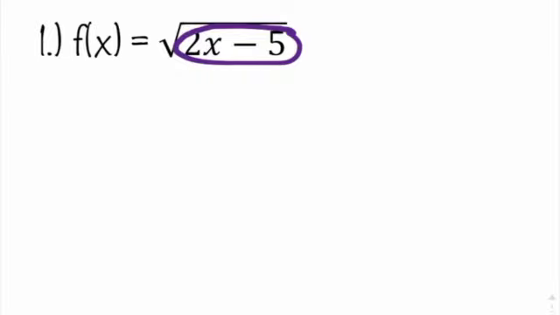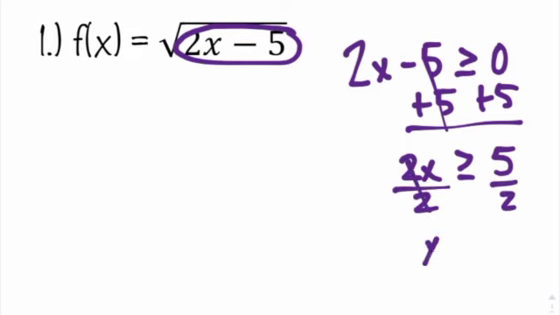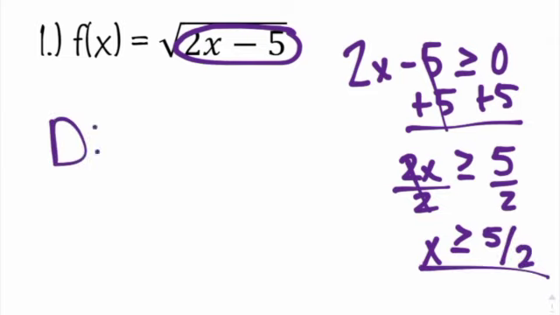So remember, you just set that up as 2x minus 5 has to be greater than or equal to 0. By solving and adding 5 and getting 2x is greater than or equal to 5 and then dividing by 2, you'll find that the domain is x is greater than or equal to 5 over 2.